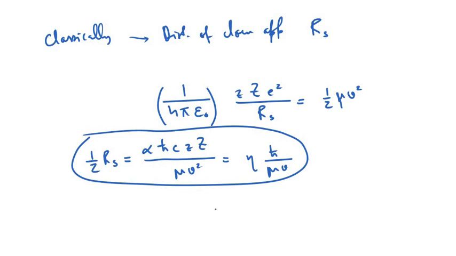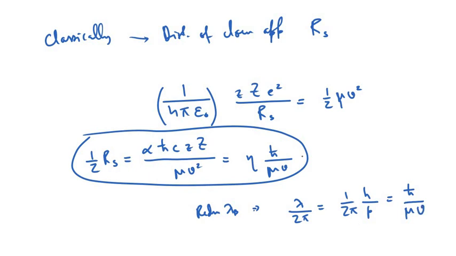What is that? The reduced de Broglie wavelength, which is basically lambda by twice pi, which is 1 by 2 pi h by p, which is basically h cross by mu into V.